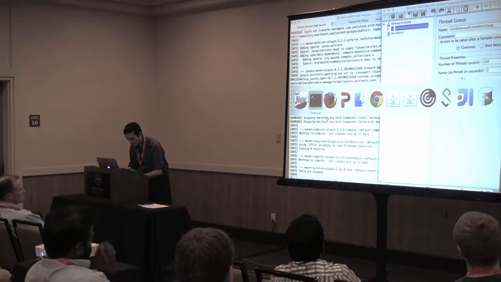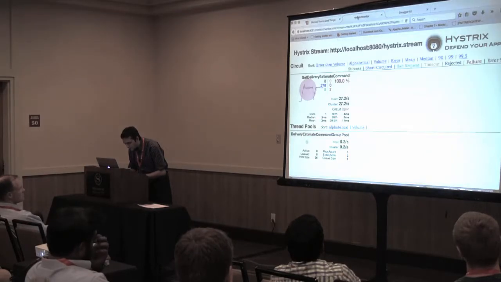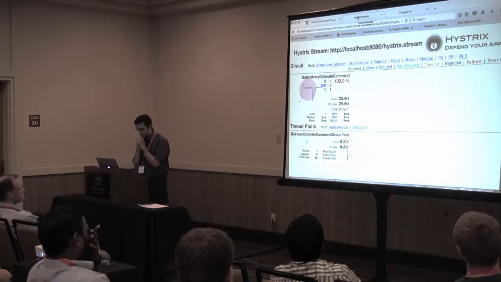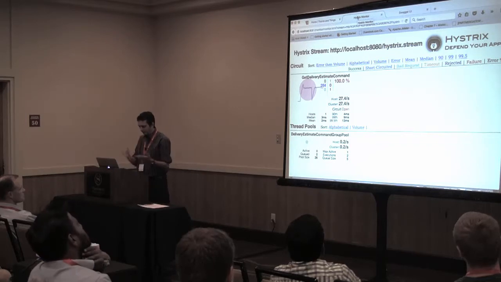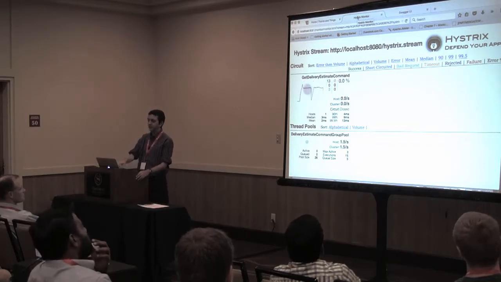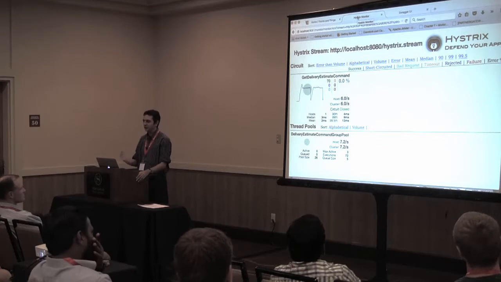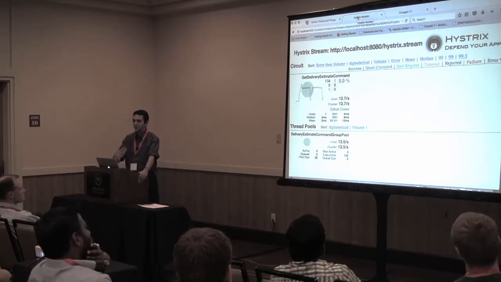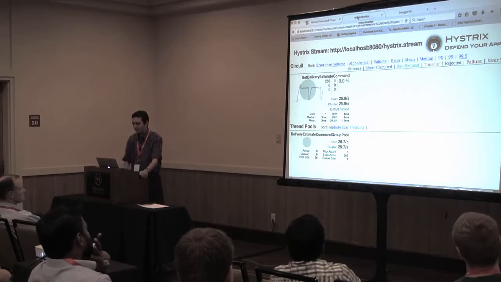Come back to the Hystrix monitor, and we wait for the web service to come back up. In the meanwhile, it's short-circuiting. Notice that the circuit is open here. That means we're not issuing any calls to the web service right now. It issues a single call after some time and says, okay, you're looking healthy right now. Now everything is back up and functional.